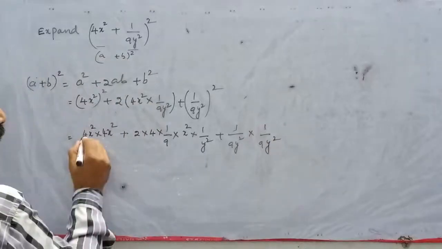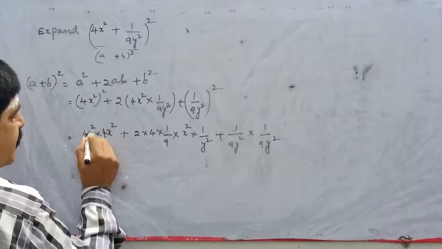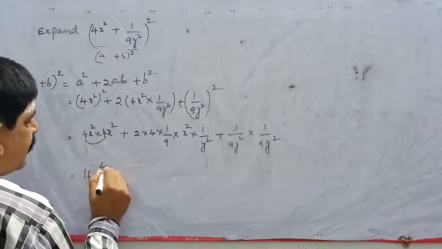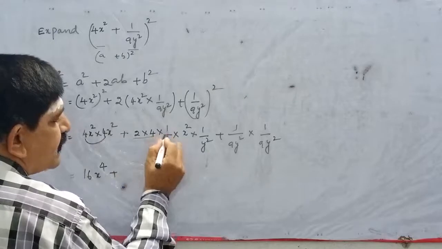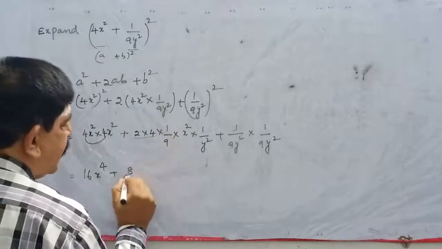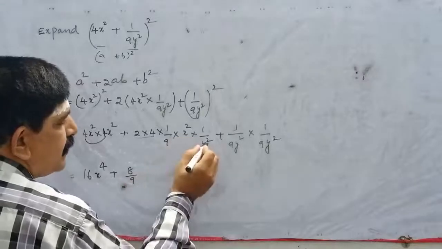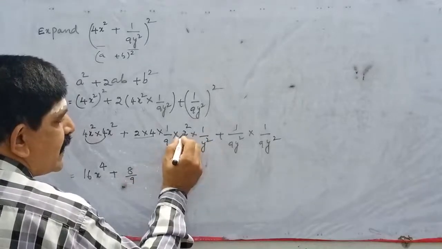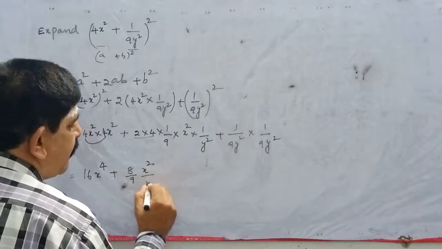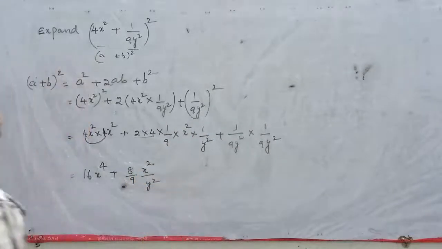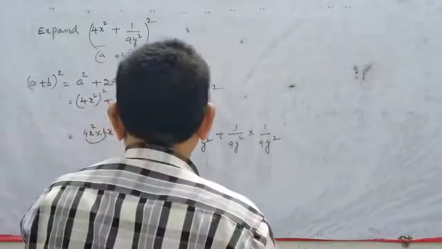Now 4x square into 4x square. 4 4s are 16. x square into x square is x to the power of 4 plus 2 4s are 8, 8 1s are 8, 8 by 9. x square into 1 by y square. So that is x square by y square. So totally we can write this one as 8x square by 9y square.